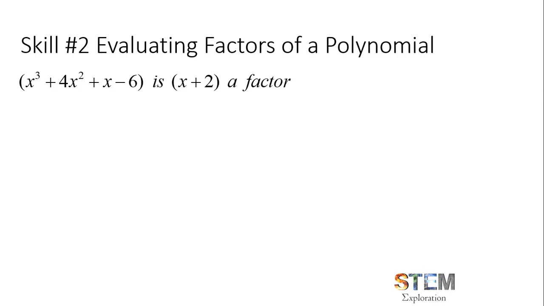Another application where you might use this, just maybe a little more randomly, is if you get asked a question like, evaluate whether a polynomial has a factor of x plus 2. Because commonly, what this binomial would suggest is that -2 is a root of a polynomial, or a point where it crosses the x-axis.